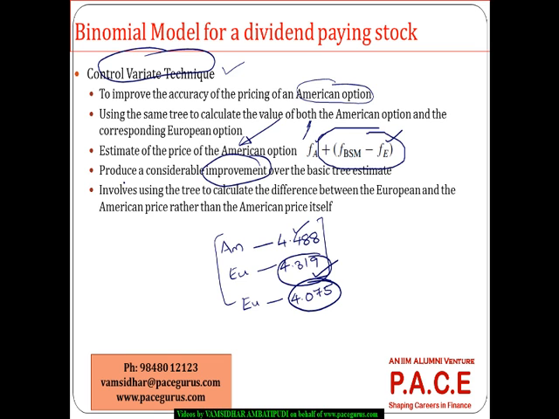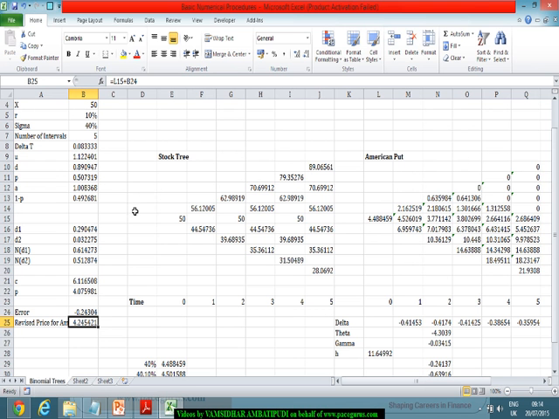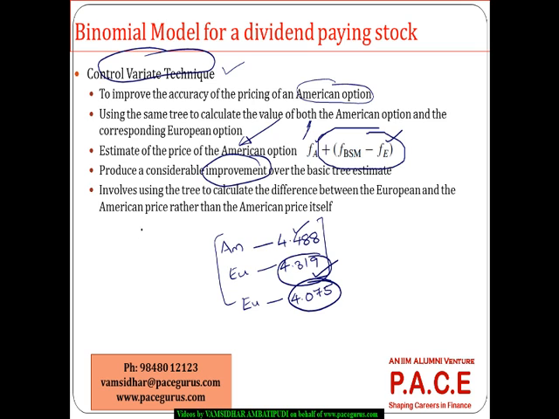We'll find this number 4.245 more and more closer to that of reality. And this is a very important and interesting mechanism for improving the accuracy. So it involves using the tree to calculate the difference between the European and the American price rather than just looking at the American price alone.